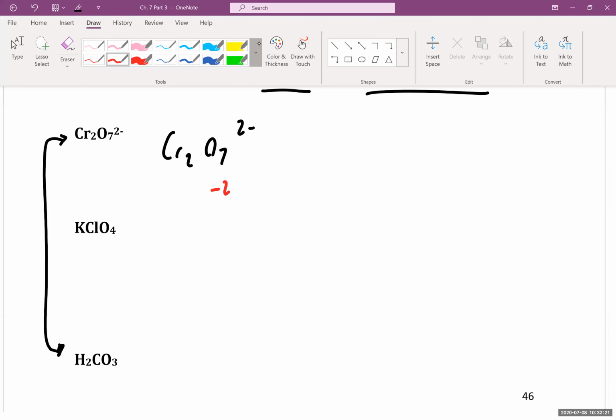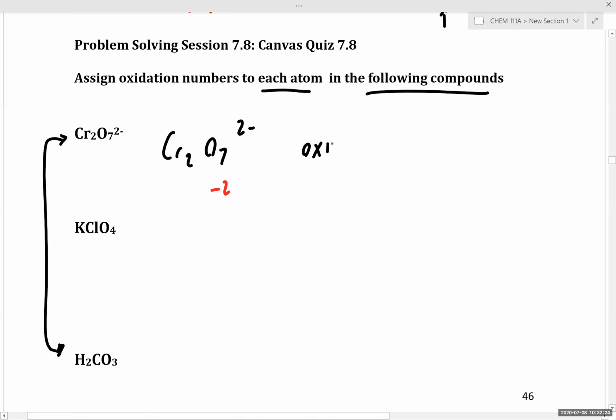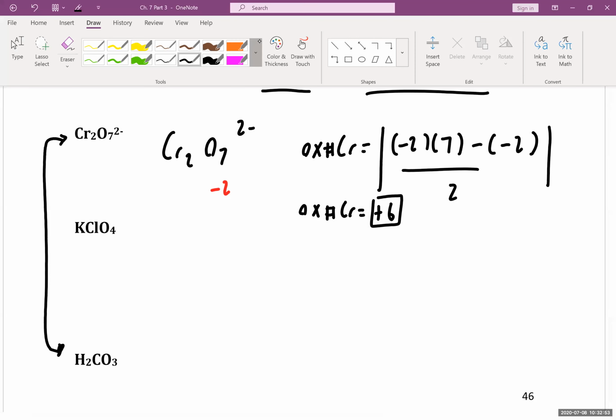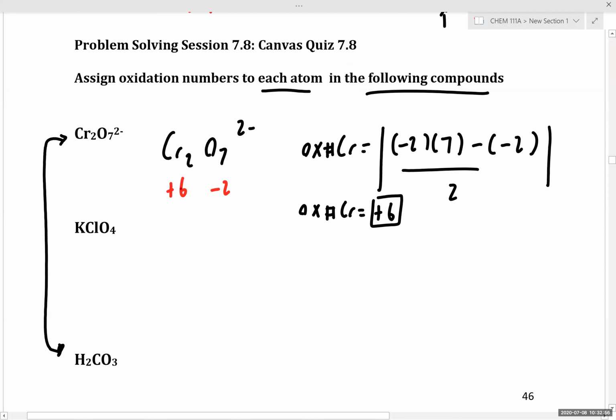So then we can now solve for the oxidation number of chromium by taking the oxidation number of oxygen times the number of oxygen atoms minus the total charge over the number of chromium atoms, absolute value. That in turn gives us the oxidation number of chromium as +6. Does this example make sense so far?